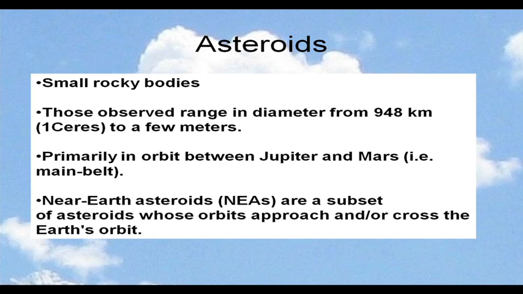This is referred to as the main belt of asteroids. In addition to this, we also have the near Earth asteroids. These are asteroids whose orbits approach the orbit of Earth, or sometimes also cross the orbit of Earth.